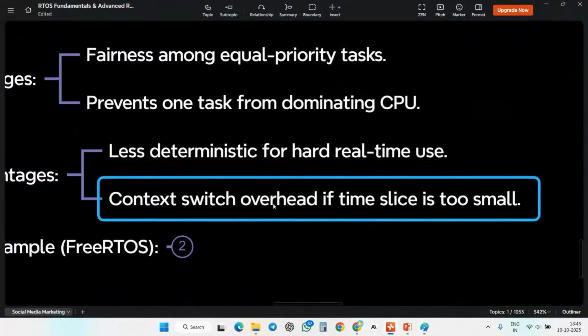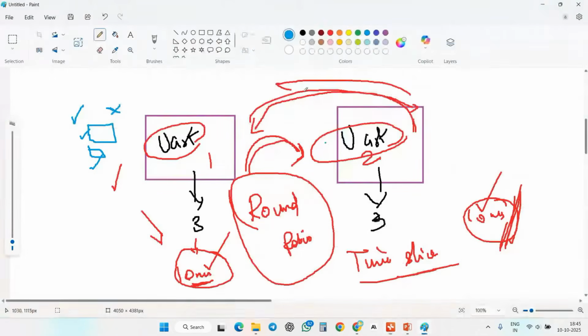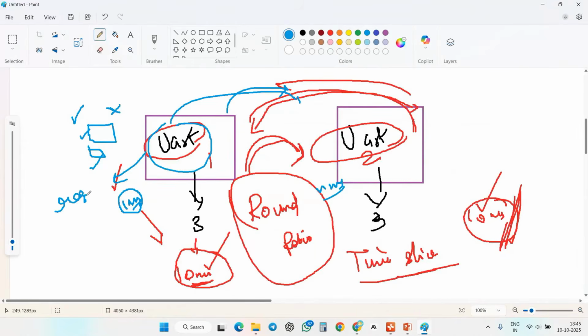And then context switching is overloaded. That means the time slice is very small. If I slice the time at 1 millisecond and the task has not completed, it automatically switches. When it switches, you need to store the data in your registers.